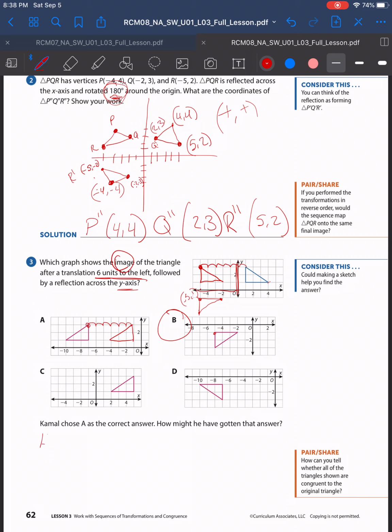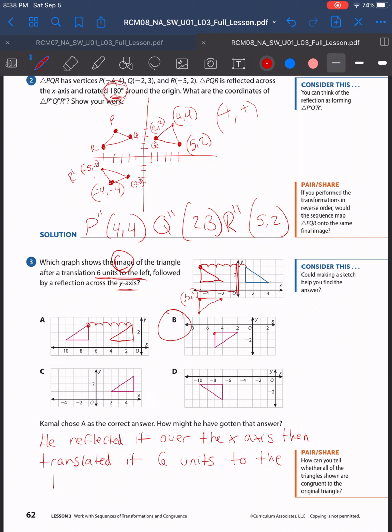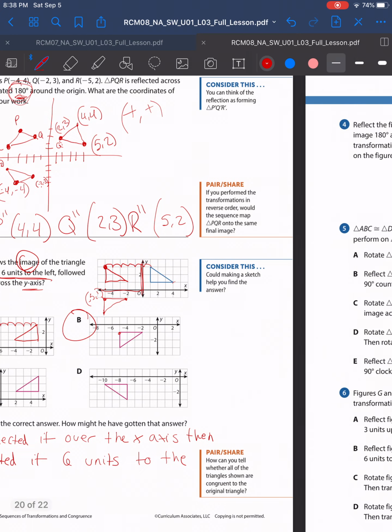So he reflected it over the x-axis, then translated six units to the left. Poor Kamal, he was just extremely confused. You have to do it in the order of events. If you don't do it in the order that they tell you to do, you're gonna get a wrong answer.